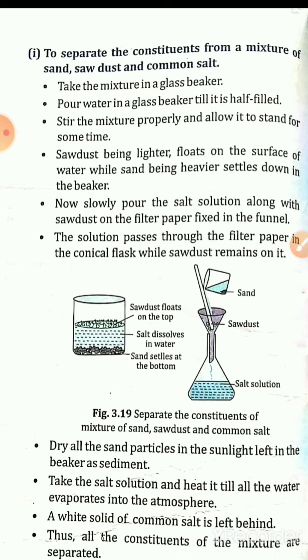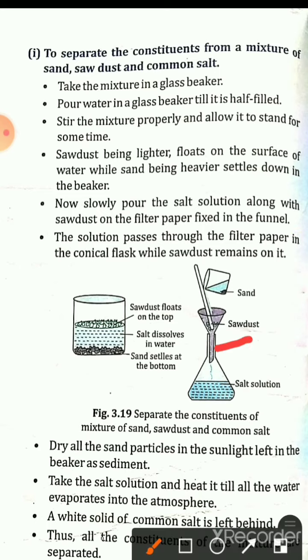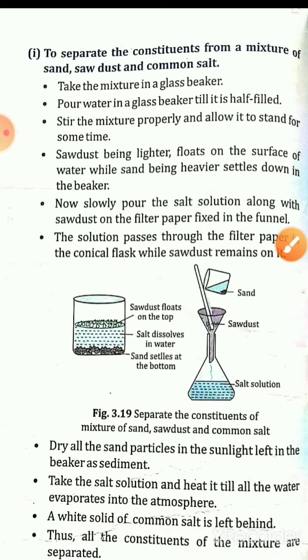Now we will take a filter paper and a funnel. This is the funnel, and in the funnel we place the filter paper to filter. Because sawdust floats on the surface of the water, we can easily collect it first.